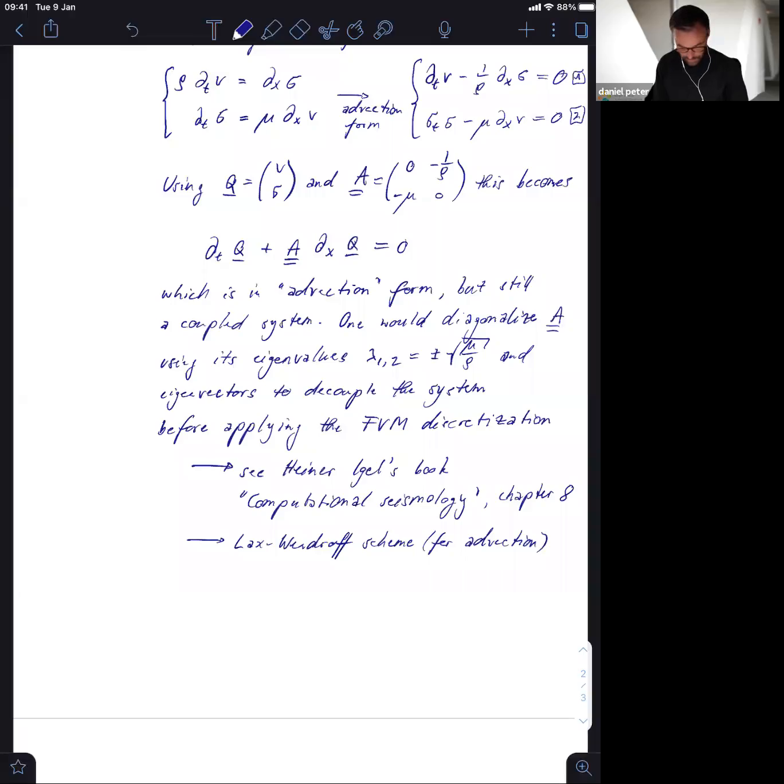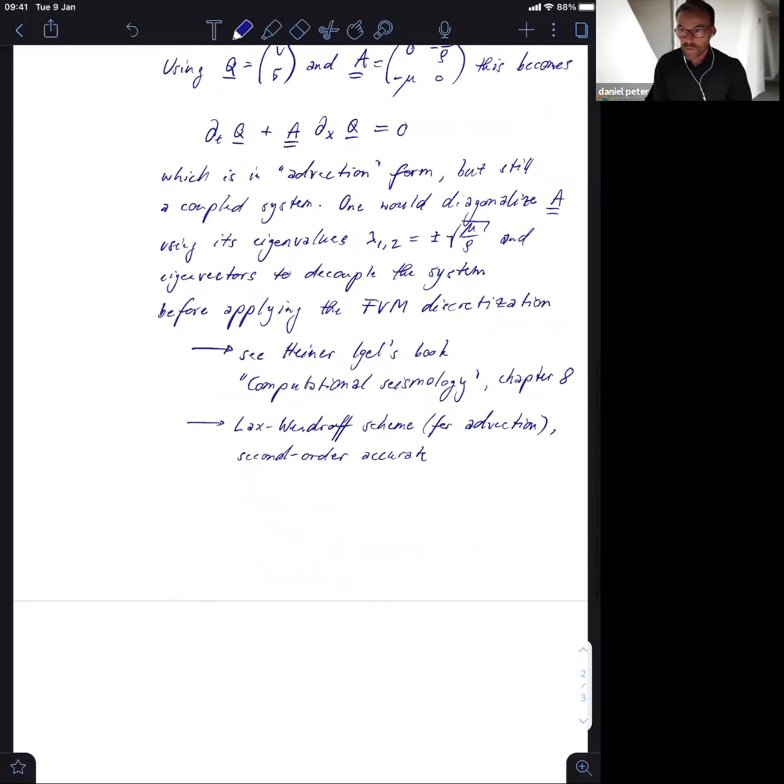And this one is then second order accurate and better suited for wave problems. So it's again another interpolation scheme that you can use, especially for solving the wave equation.